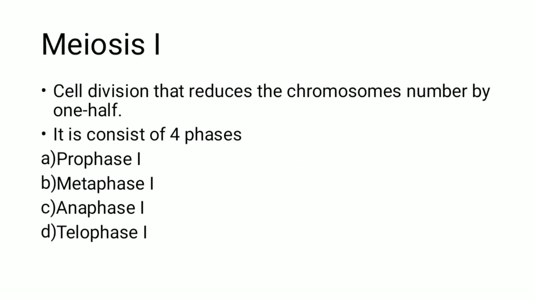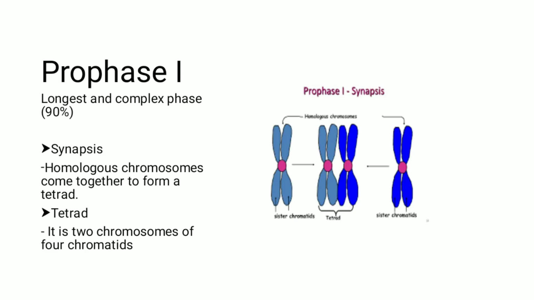Then, the other kind of M phase, the meiosis 1. Cell division that reduces the chromosome number by half. It consists of four phases: the prophase 1, metaphase 1, anaphase 1, and telophase 1. Start with prophase 1.